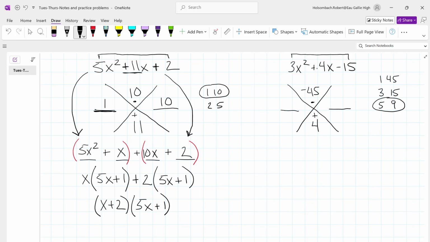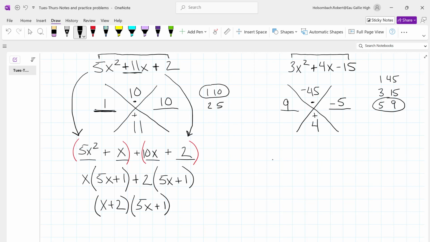Now, our middle term is positive, so will the 5 be positive or the 9? The 9 will be positive. So the positive 9 is here, and the 5 has to be negative. 9 times negative 5 is negative 45. 9 plus negative 5 is positive 4.